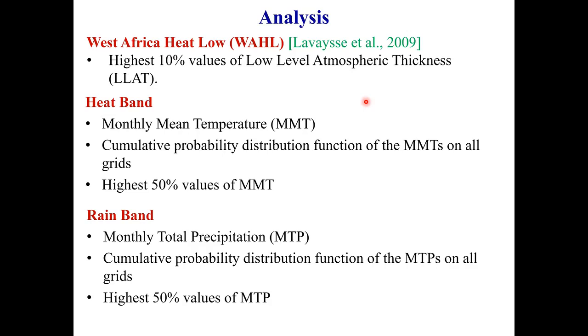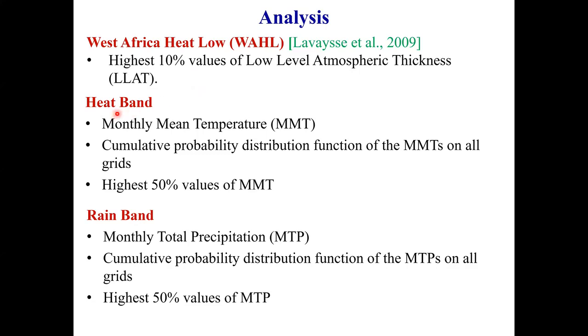And we did this using the 6 o'clock UTC geopotential. So that is what we use for the heat low. So it is basically an anomaly where we have the highest thickness of low-level atmosphere between the 2 geopotential heights.